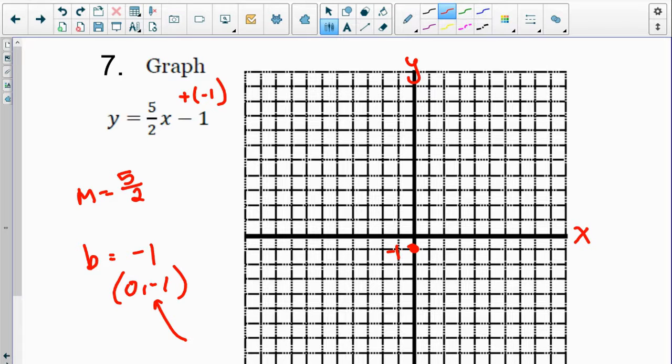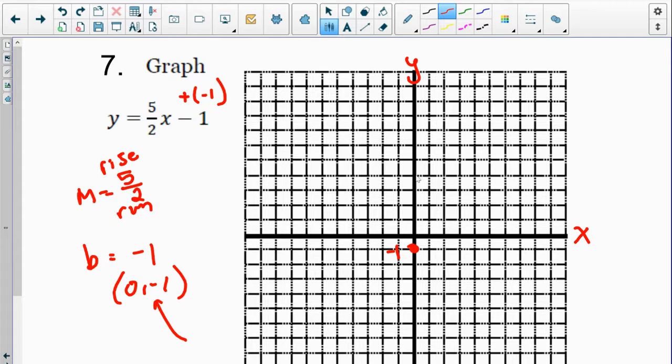From there, I'm going to use the slope. Okay, the slope's not a point on the graph anywhere. The slope, think of it like it's the directions. It's how I get to all of the other points on this line. So I am going to rise 5 and run 2. Now think about it. These are positive values, right? Positive 5, positive 2. If I am going to rise positive 5 from my y-intercept, positive rise, I have to go up.